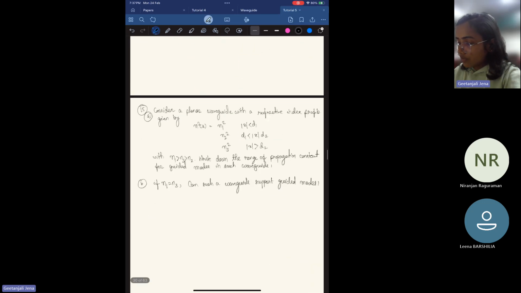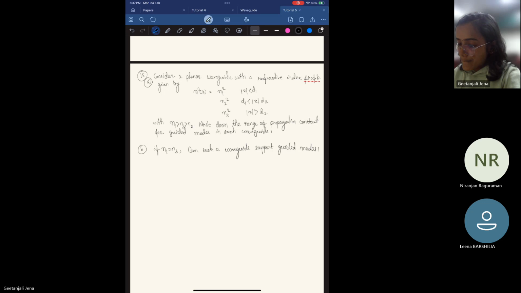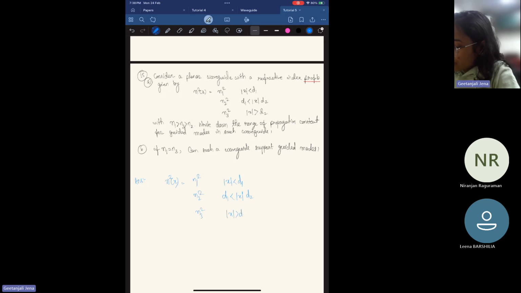Now let us solve one numerical problem. Question 15 says consider a planar waveguide with a refractive index profile given by n square x is n1 square for mod x less than d1, it is n2 square when d1 is less than mod x less than d2, and it is n3 square for mod x greater than d2.